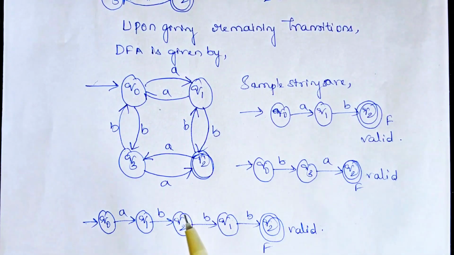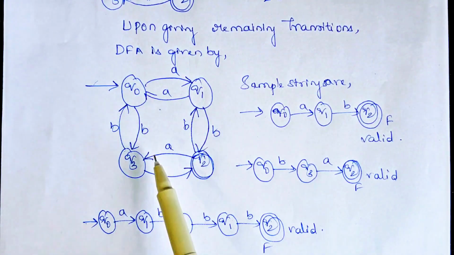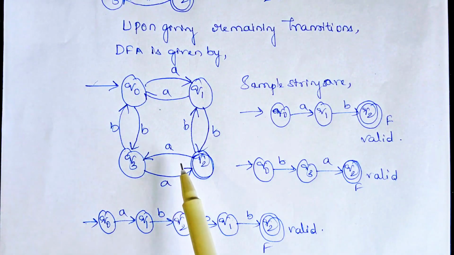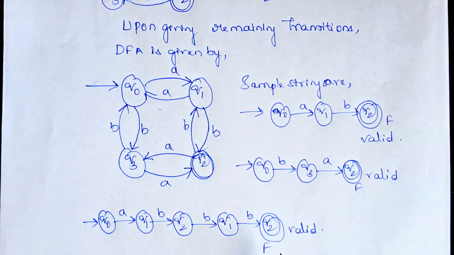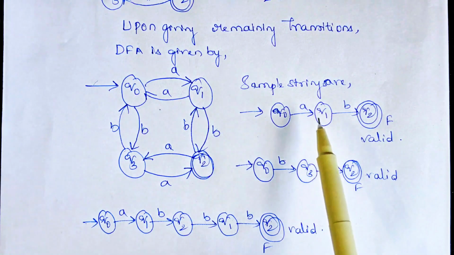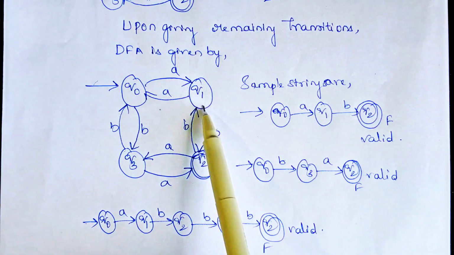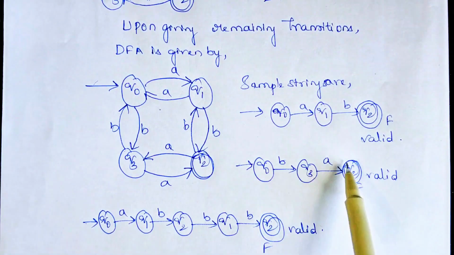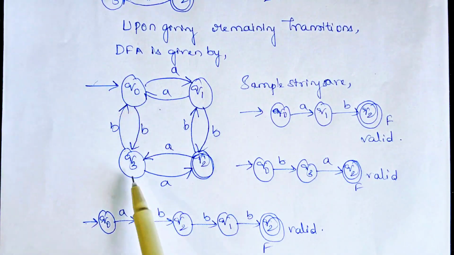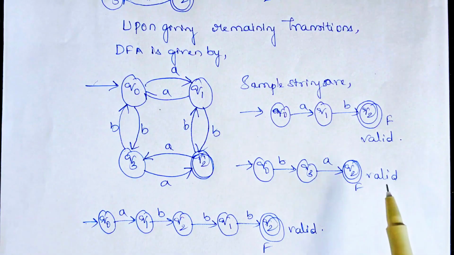Based upon this DFA, which is having the complete set of transitions of odd number of A's and odd number of B's, we observe whether these strings are processed through the final state or not. String AB, Q0 on A is moving to Q1, Q1 on B is moving to Q2, which is the final state. This is valid. String BA, Q0 on B is moving to Q3, Q3 on A is moving to Q2, which is also valid.